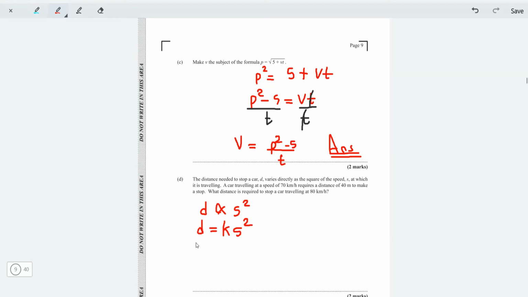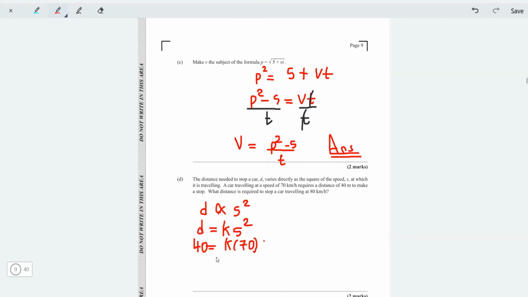So what that means is when the distance is 40, look at this now. They're giving us the speed in kilometers per hour. So it had a distance of 40, and 40 is equal to some constant times the speed of 70 squared.